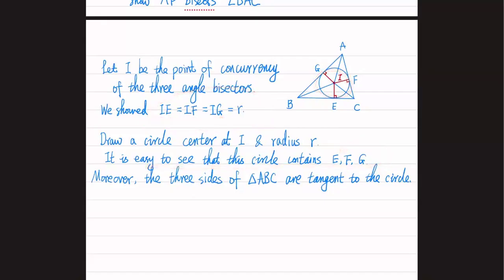Now we want to say a little bit more. Not only are they on the circle, they're also the tangent points. Why? There must be a tangent.